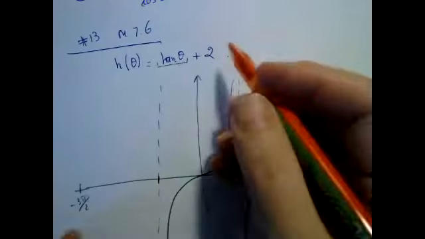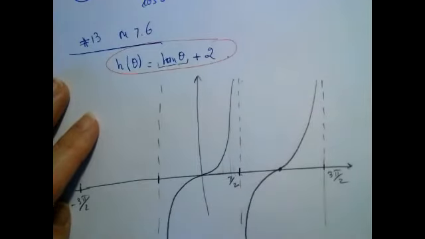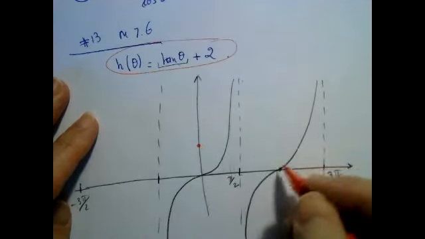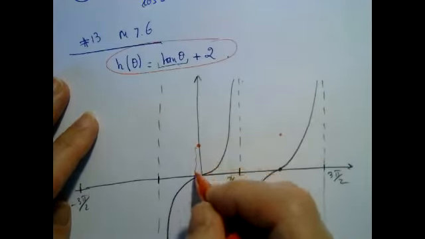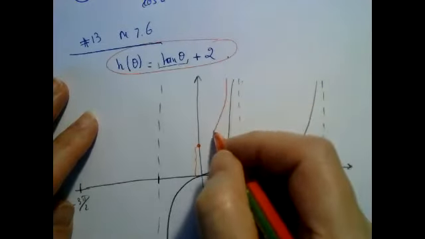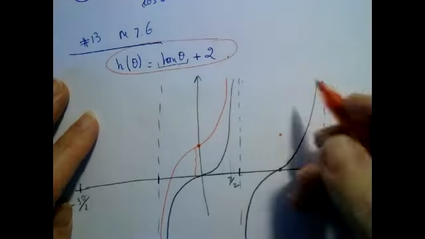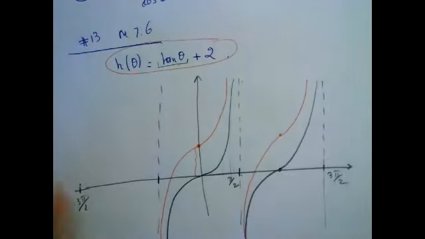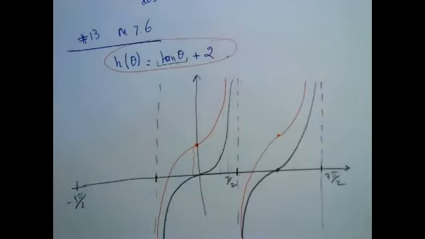Now, this one is the tangent lifted up by 2. So the graph is going to be exactly the same, but we're going to lift everything up by 2 units. That's what's going to happen. So this one's going to be like that. Lift it up by 2 units, come down. Lift it up by 2 units, and come down. But it's going to be exactly the same graph, just shifted by 2 units.